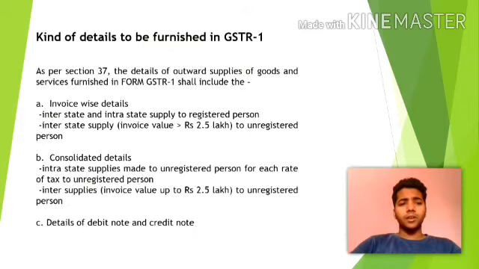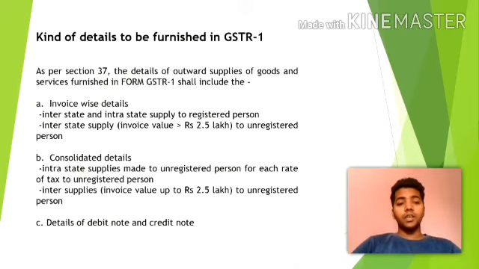Here is a very important aspect of GST Return 1: the kind of details to be furnished under GST Return 1. As per section 37, the details of outward supply of goods and services furnished in form GST Return 1 shall include the following. First is invoice-wise details, second is consolidated details, and the third is details of debit and credit notes if issued to the recipients of the goods and services.